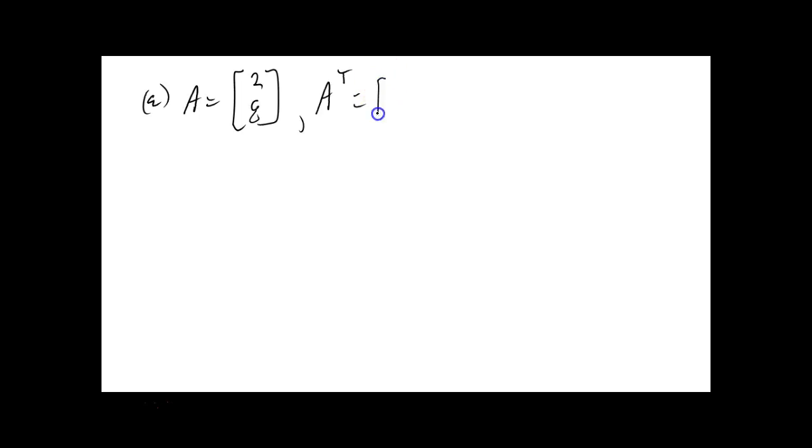No? It sounds the same, but written differently. It's going to be 2, 8 also, but written as a 1 by 2. Yeah, that was a 2 by 1, this is 1 by 2. You're absolutely right.